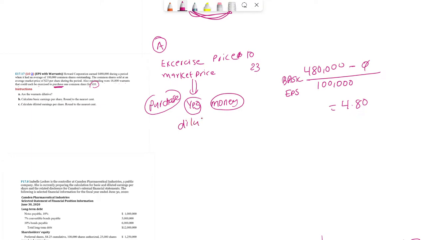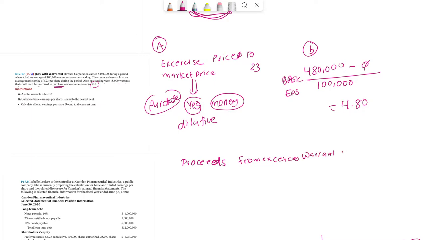Yes, they are dilutive. Now what we are going to do, the B part, is to calculate your basic earning per share. In other words, now you have to redo the calculation that we did. What we did is we got proceeds from exercise of warrants.